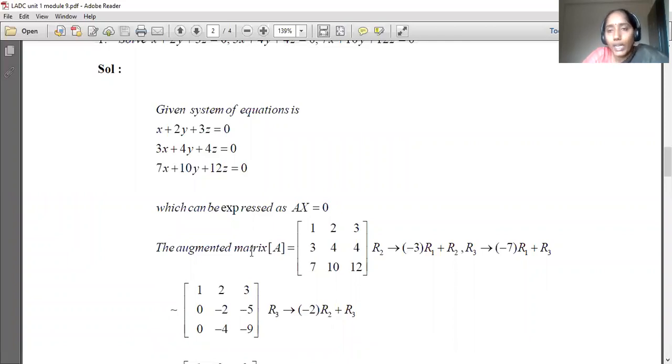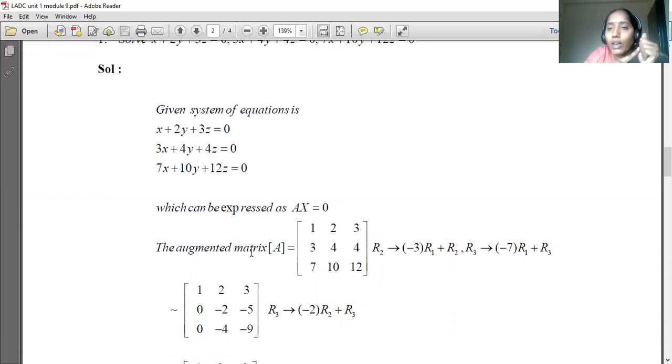Okay, once again, I repeat. First, write the system of equations in matrix form. In that matrix form, consider the coefficient matrix A, and the third step is to reduce that coefficient matrix into echelon form, that means upper triangular matrix, by using row transformations, and then find the rank.